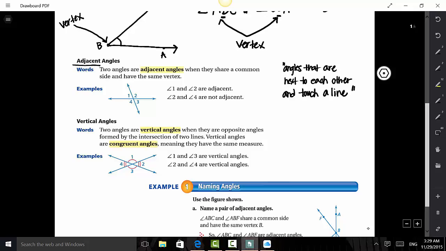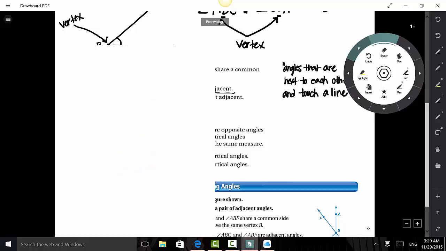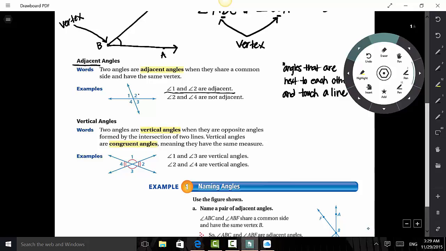Angle 1 and angle 2 are touching this line here, so they are adjacent. Now angle 2 and angle 4 are not adjacent to each other because they're opposite. They are not next to each other.